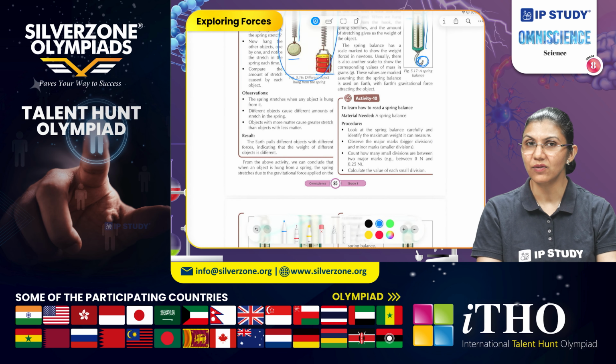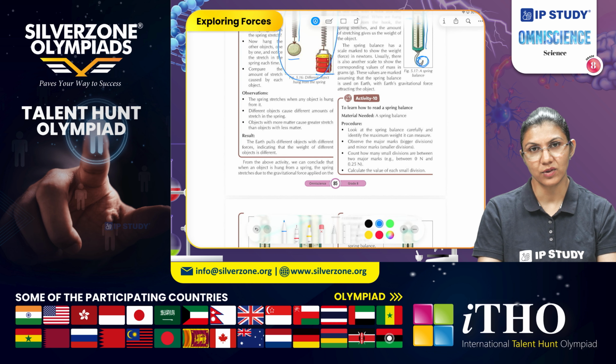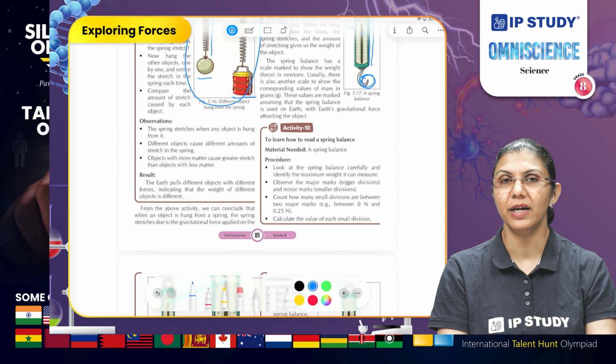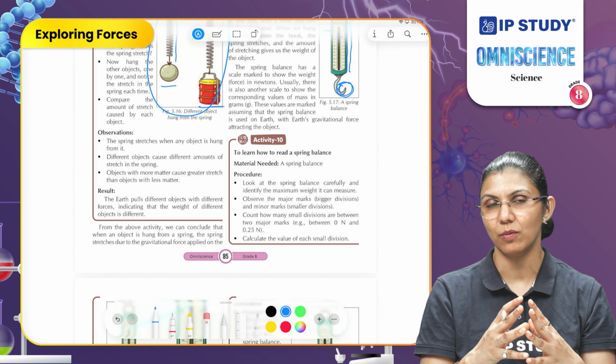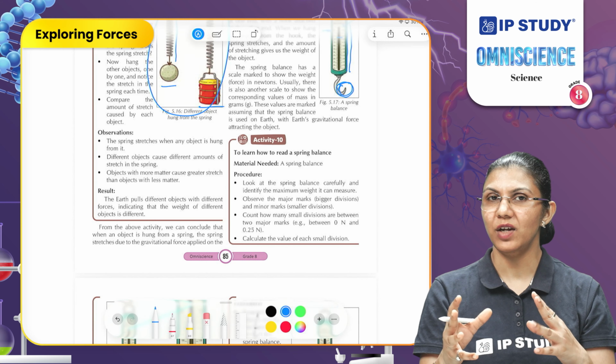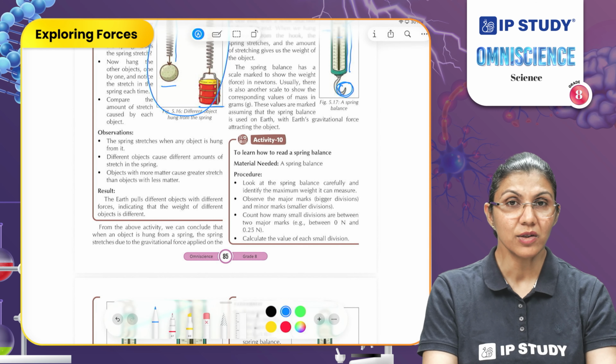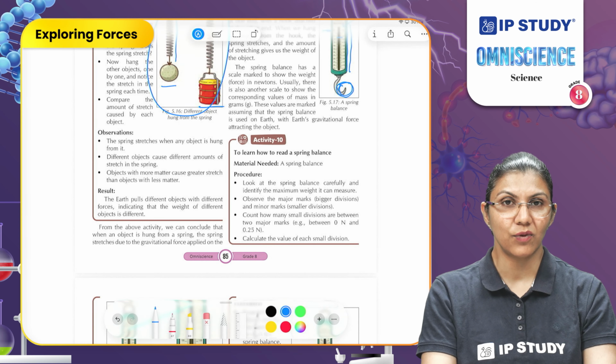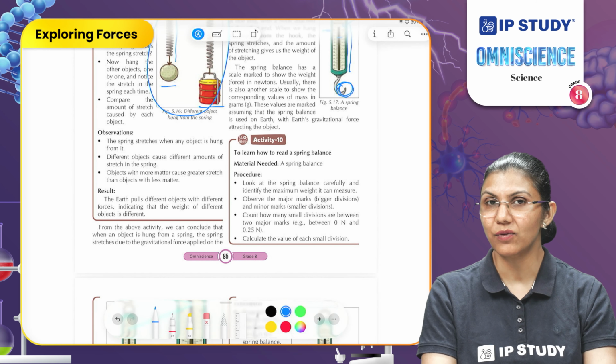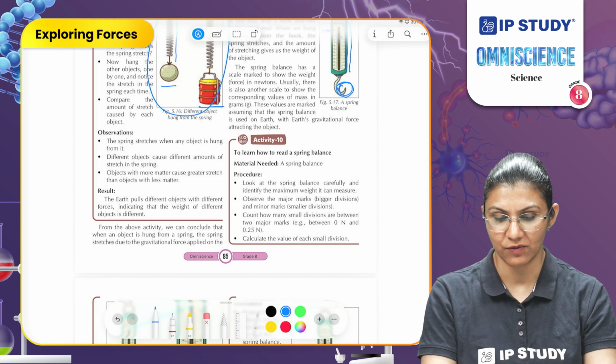Also, we classified the forces into contact forces and non-contact forces depending on the interaction between two objects, a field and the object, or two different fields. We also learned that electrostatic force and magnetic force can be attractive force, and also can be repulsive force.